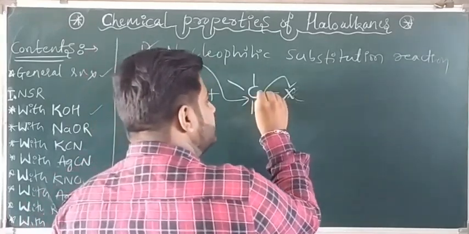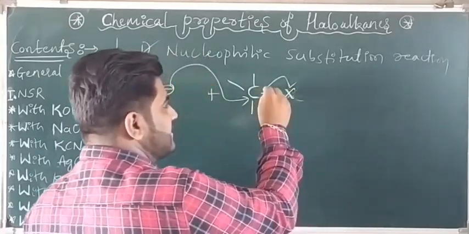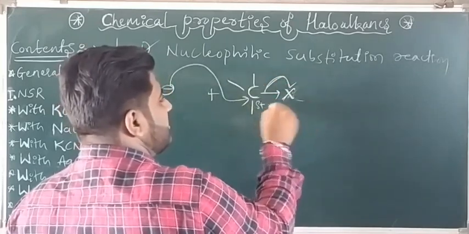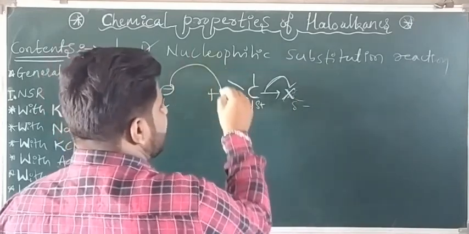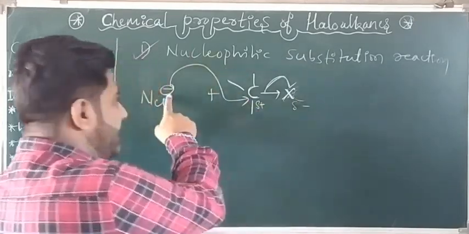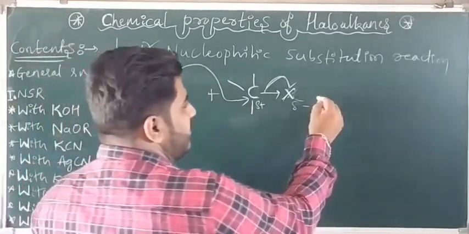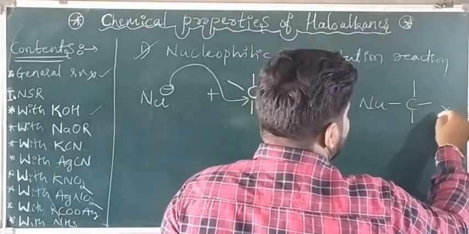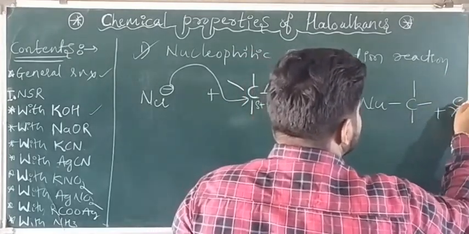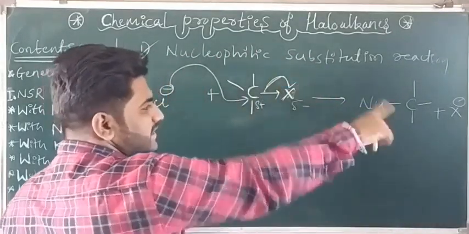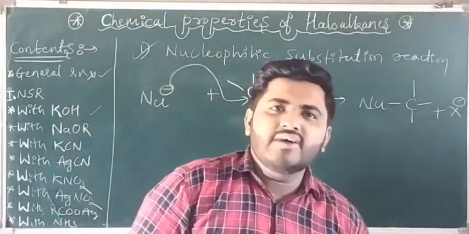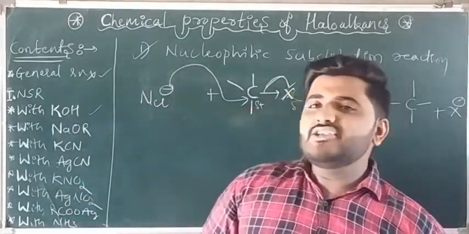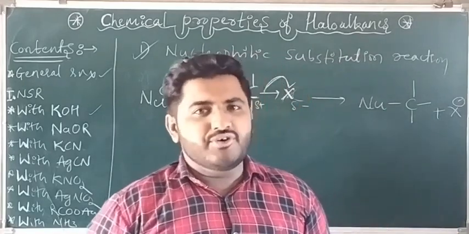So these electrons are taken by this X. That means the carbon gets a partial positive charge and X a partial negative charge. So the negative nucleophile attacks on the positive carbon, because negative attracts positive. So we get the product with the nucleophile attached to this carbon, the other three bonds as they are, plus X minus. These electrons are taken by X, therefore X minus, which is a halogen atom carrying a negative charge. So this is regarding the general reaction of nucleophilic substitution.